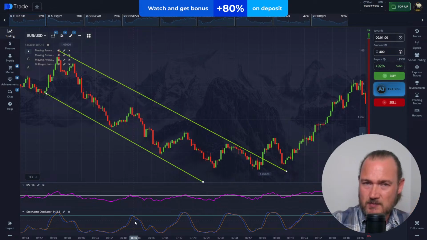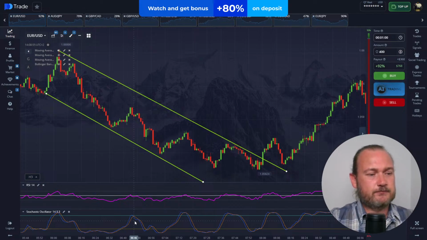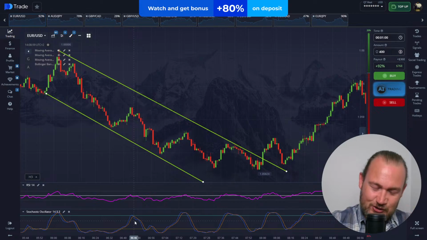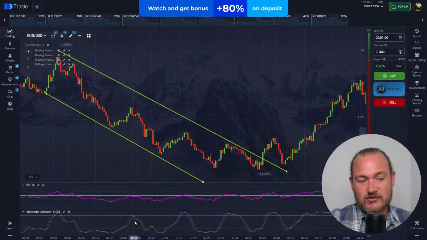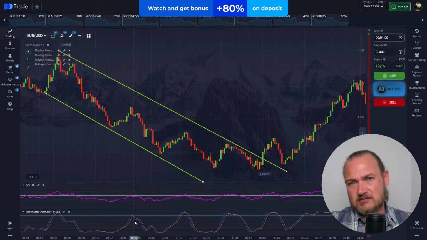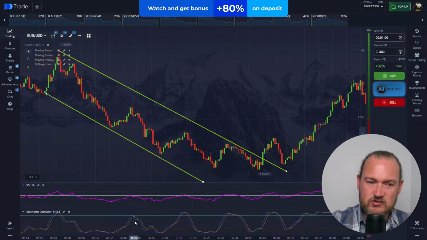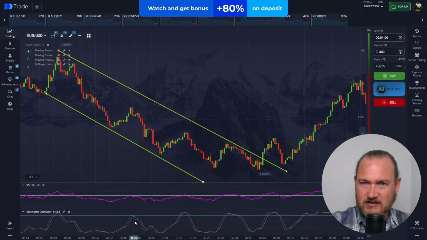You can even use the MACD if that's one of the indicators you use for a different strategy. If you're using an indicator that oscillates for a different strategy, you don't need to add anything else. If you maybe have a couple of indicators on your chart already, you don't need to add the stochastic, or you don't need to add the RSI.